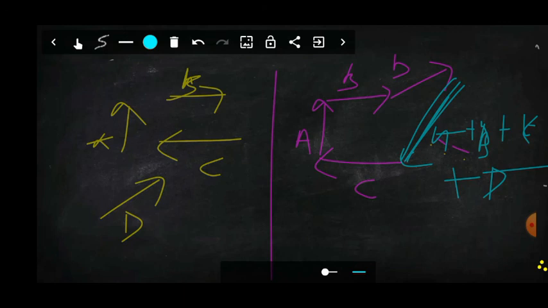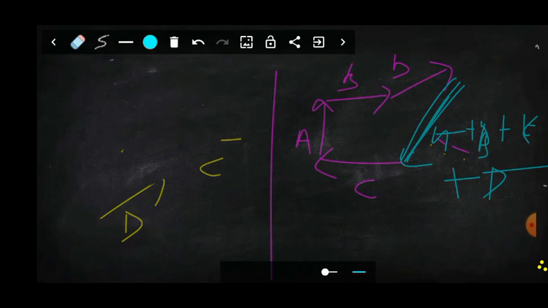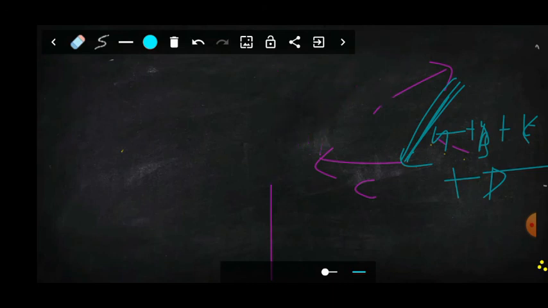Then along with these rules for vector addition, that is the triangle law, the parallelogram law, and the polygon law of vector addition, two more properties of vector addition we can mention. One is that vector addition is commutative. Vector addition is commutative means what?